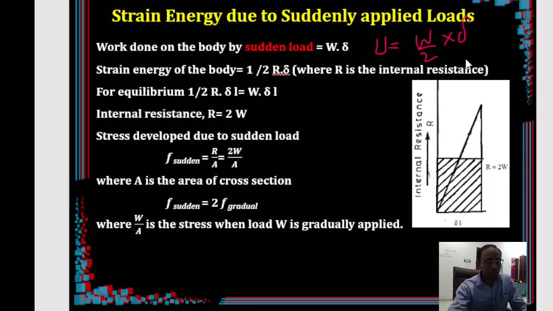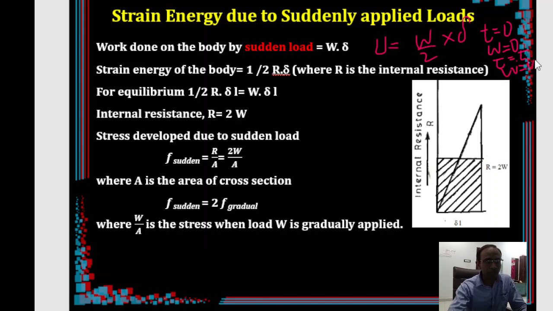Why was this? Because at time t equal to 0, the load is 0, since initially the load was not there, whereas at time t the load is W. So when you are taking load into consideration, you will be taking the average load.